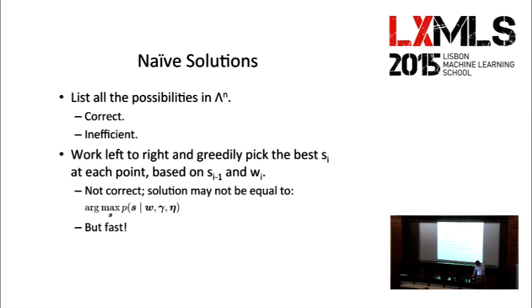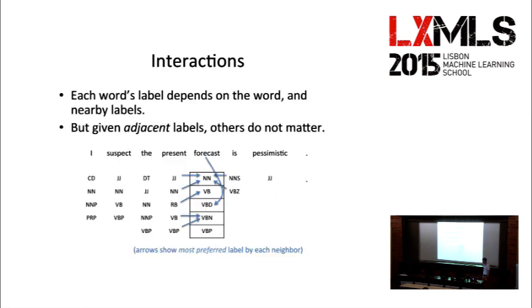Okay, so in that spirit, here's the kind of issue. When I think about labeling a given word, so here the word forecast, the thing that makes this challenging is that each word's label depends, intuitively, on the word, right? I want to know what word I'm trying to label.